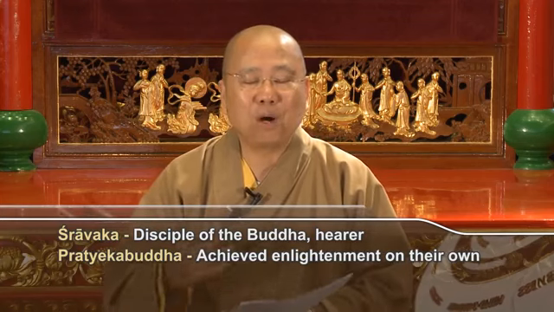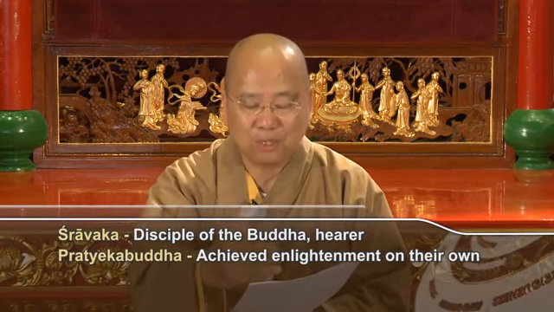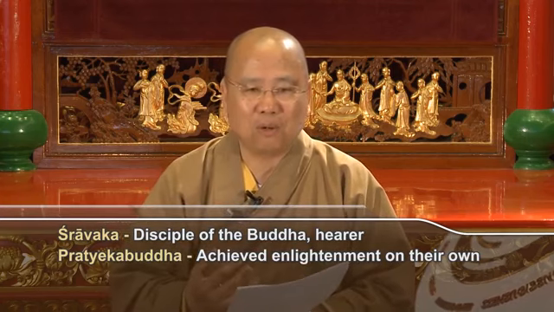So they ponder on life. They ponder on the 12 dependent origination. They think about life, they meditate on the experiences of life, and they got enlightened by themselves. So you always ponder on dependent origination, you meditate on dependent origination, you get enlightened.